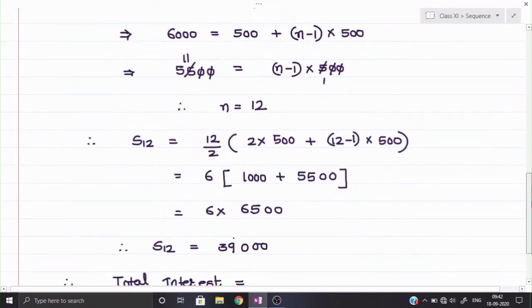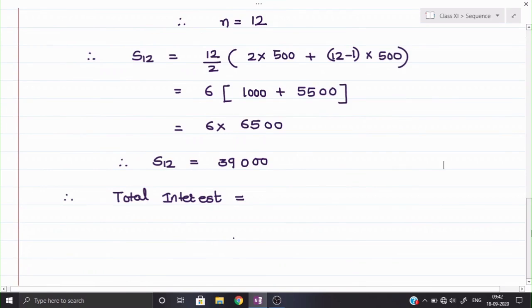So here total interest will be 12% of 39,000. So it will be 12 upon 100 multiplied by 39,000. Two zeros we can cancel directly.